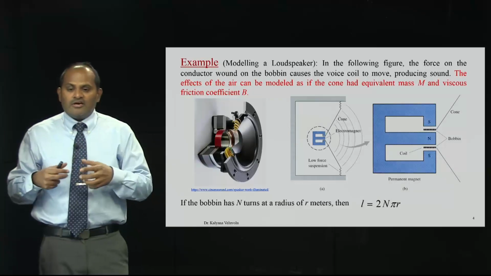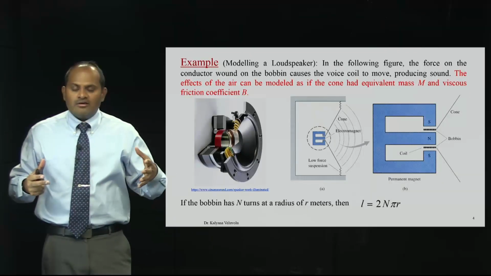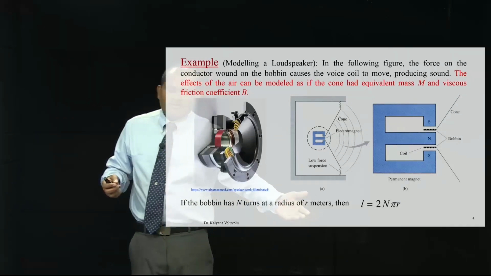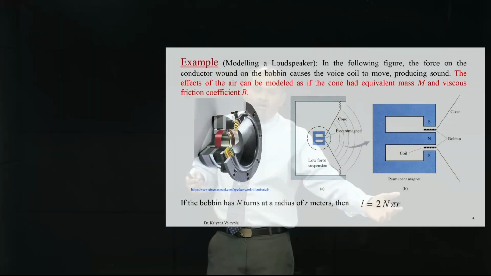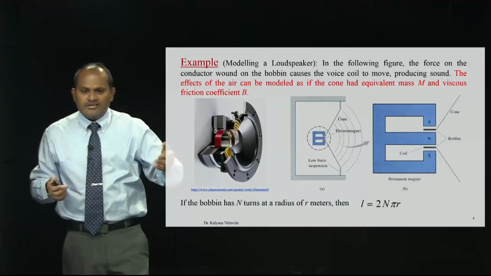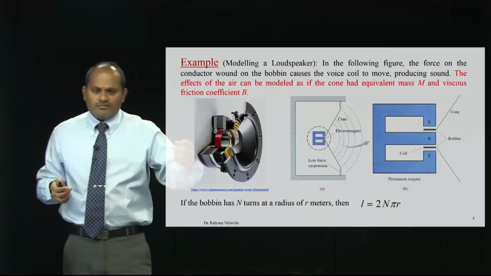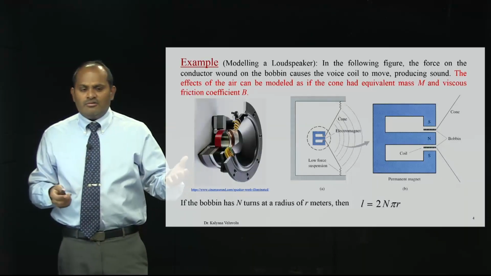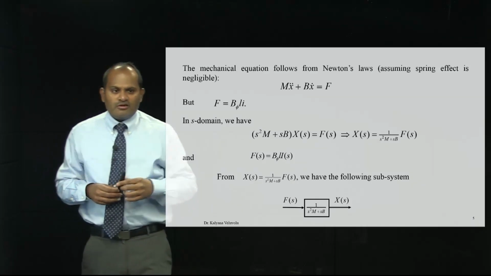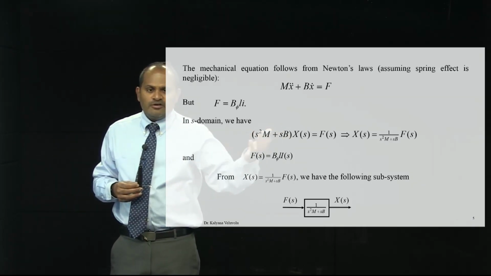When the length of the conductor is large, you can get a bigger force. Here, the length of the conductor is 2 pi r times n, the number of turns times the radius of the bobbin. So, the length is 2 n pi r. The mechanical equation follows from Newton's law, assuming the spring constant is negligible, and is given by this.